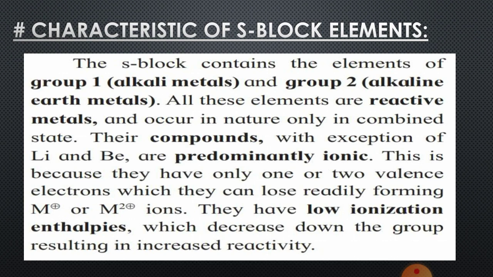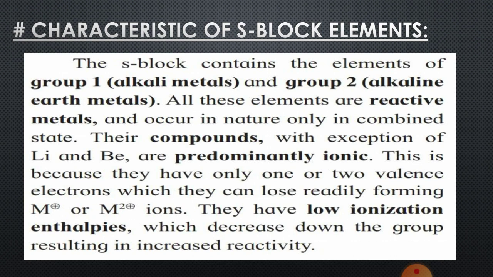Ions, as we know, are of two kinds, either cations or anions. This is because they have only one or two valence electrons. How many valence electrons are present over here? One or two. So they can lose those electrons easily.